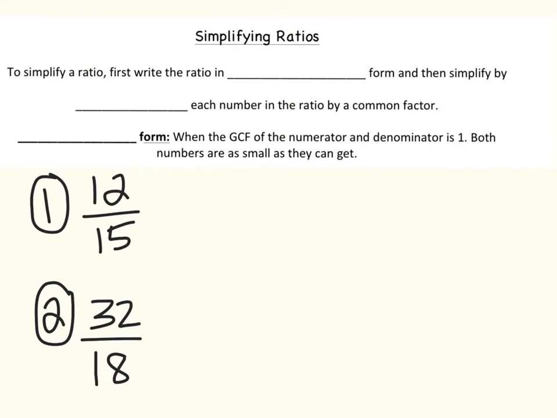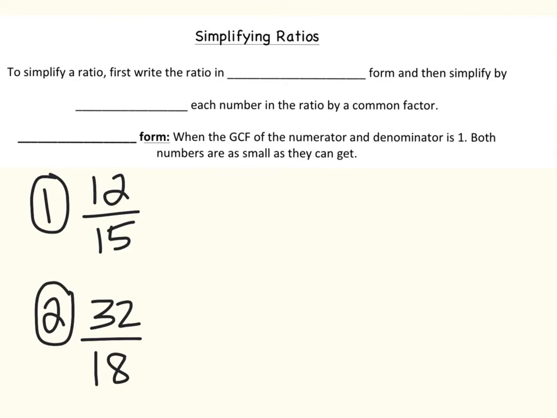Let's go ahead and take a look at this little bit of our note sheet. So we have talked about simplifying ratios before in class, and this just says to simplify a ratio, first write the ratio in blank form and then simplify by blank each number in the ratio by a common factor. So let's back up a little bit and take a look at the first blank.